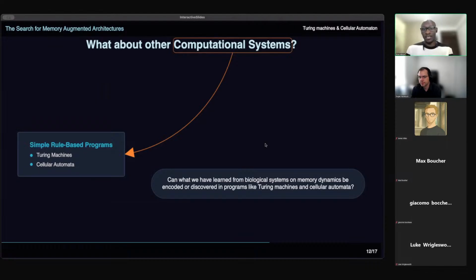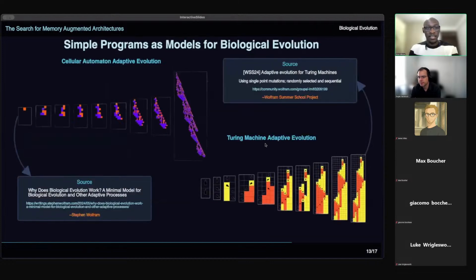I'll talk about the current models that use such systems, and some of the work that I've done with Turing machines, and it relates to biological evolution. So this idea of evolving systems: not just writing code, but evolving systems and seeing what the system does.